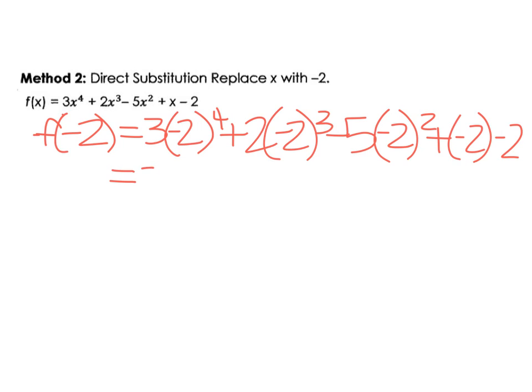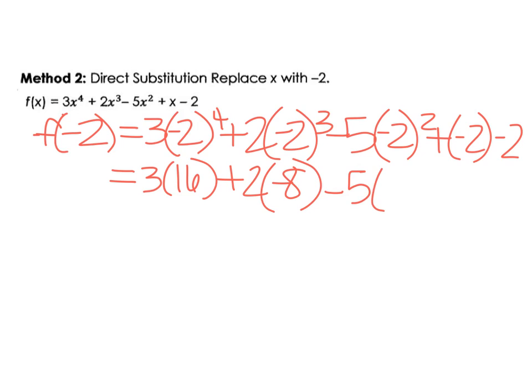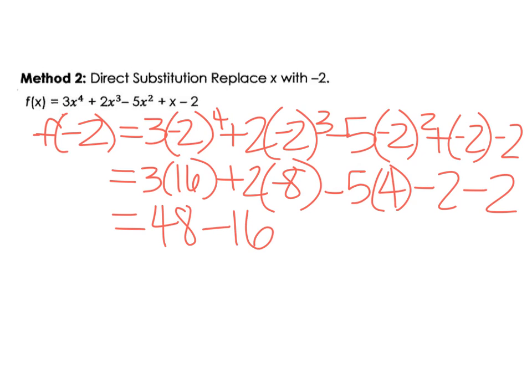So here we get 3 times negative 2 to the 4th power, which gives us 16, plus 2 times negative 2 to the 3rd power, which gives us negative 8, minus 5 times 4, minus 2, minus 2. 3 times 16 gives us 48, minus 16, minus 20, minus 2, minus 2.